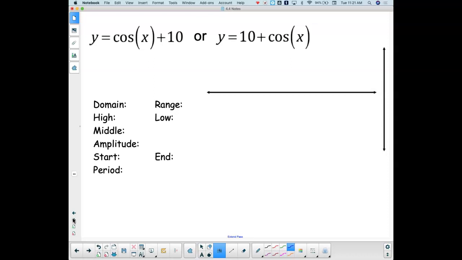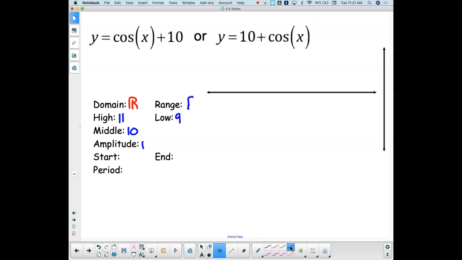So, with that being said, domain of this function: all reals. Amplitude of this function: 1. The middle is now at D. What's my D value? 10. So my middle is now at 10, which means the high value is 11 and the low value is 9.